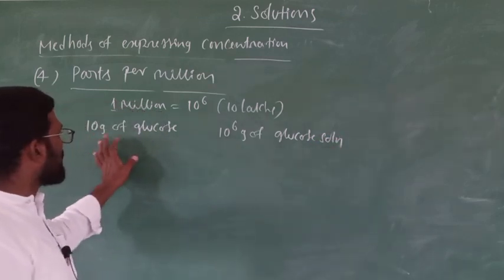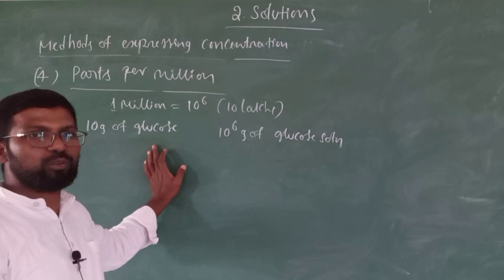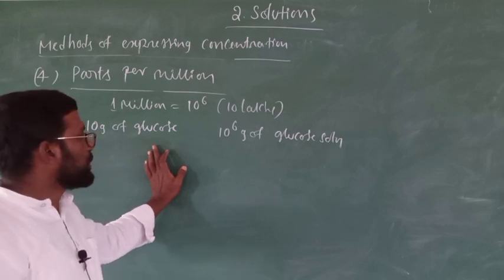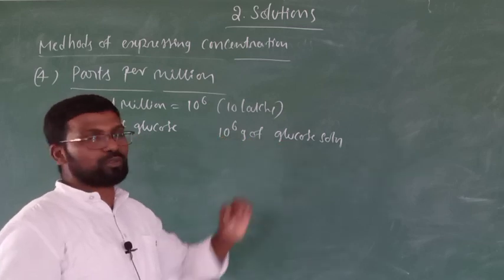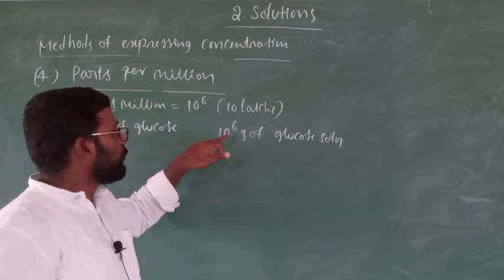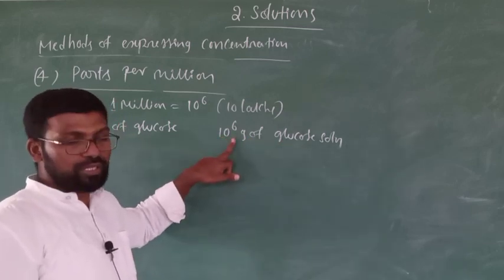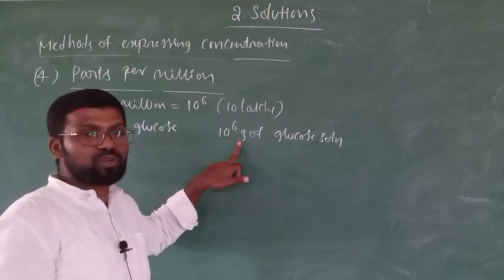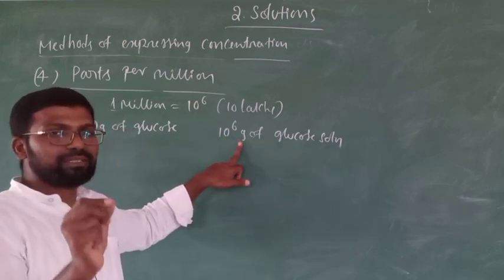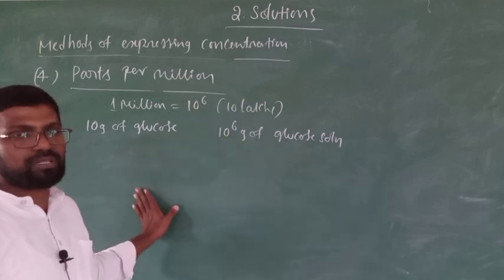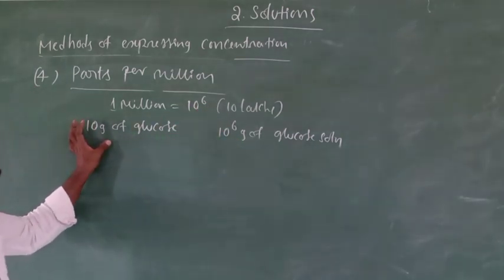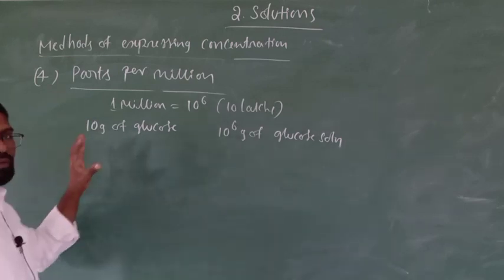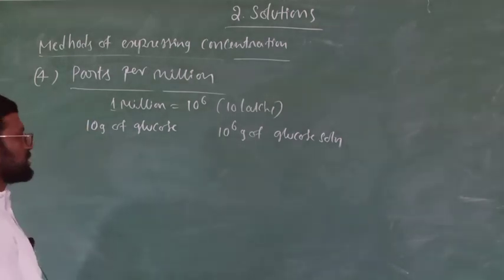We have dissolved only 10 grams of glucose to prepare 10 power 6 grams of glucose solution. Means for 10 lakhs grams of glucose solution, only 10 grams of glucose is present. That means for 1 million grams, only 10 grams is present.